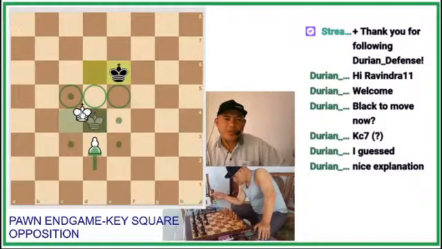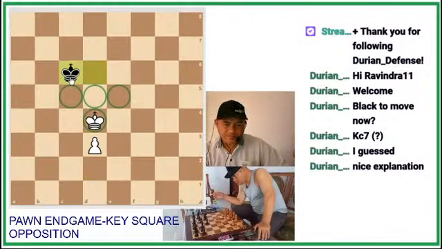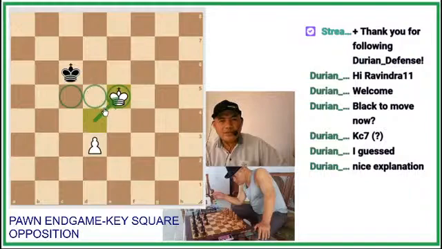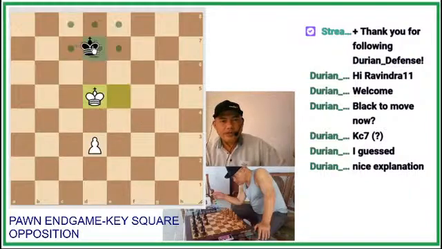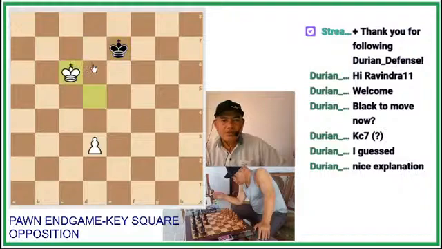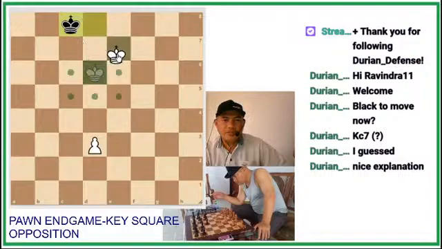For example, he goes here, then white gets the key square, or he goes to the right, then white has the key square by outflanking the black king, and if black goes here, white has the opposition, outflanking, and gets the absolute opposition.